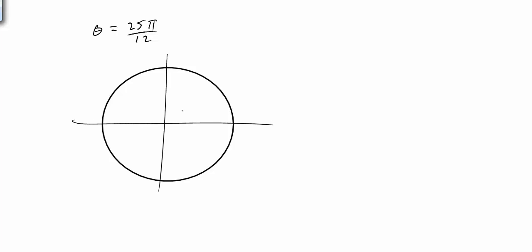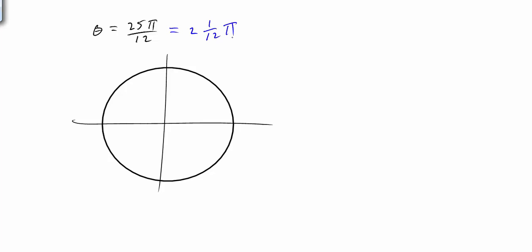So let's take a look at another one here. If we have theta equal to 25 pi over 12, that means we're dividing everything into 12 equal parts, but again, this is an improper fraction, so let's divide. 12 into 25 goes 2 times, 12 times 2 is 24, and we'll be left with 1/12.